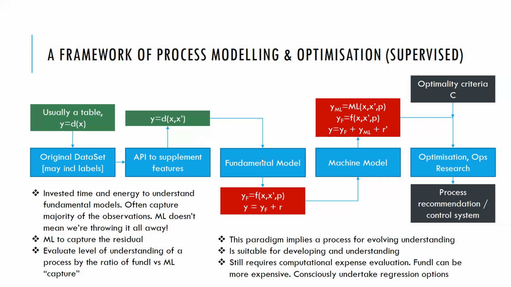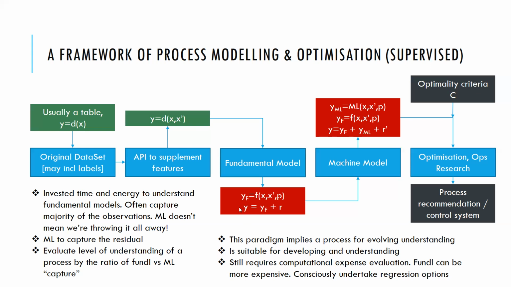So we go through a modeling exercise, and of course that involves fitting parameters and all of that. Eventually what you have is a mathematical model which will predict certain output values for you. So we've got some output values predicted by our model, and then we have the actual values that we've collected in terms of the data.